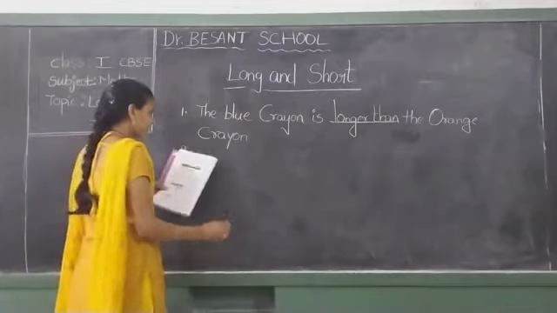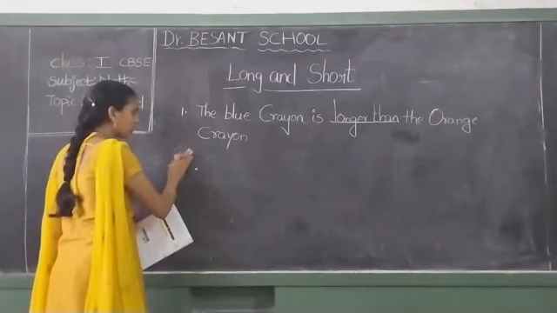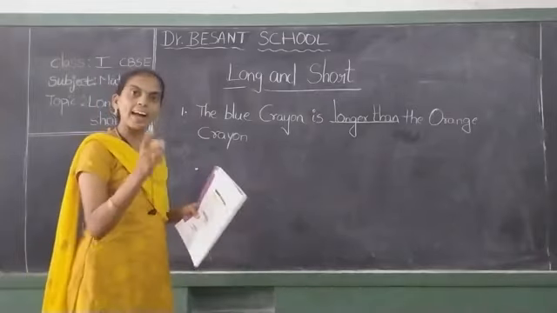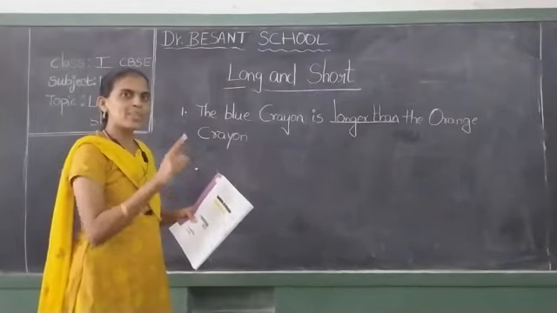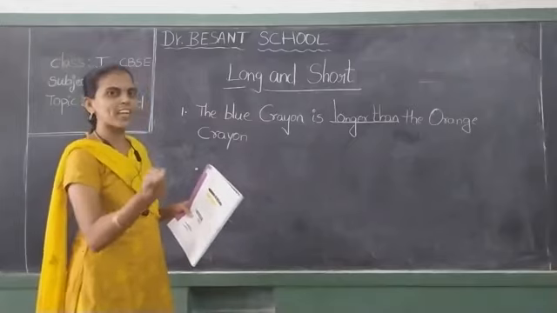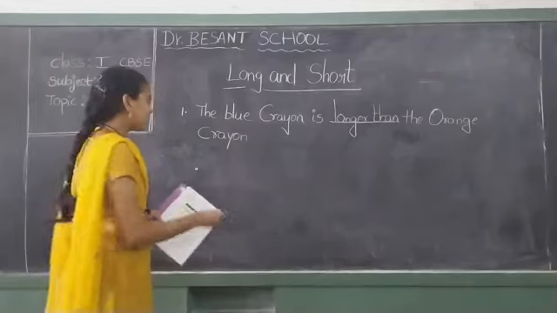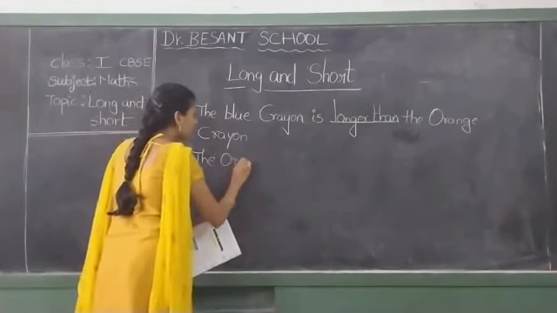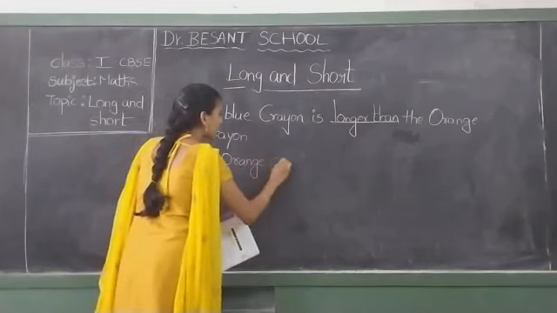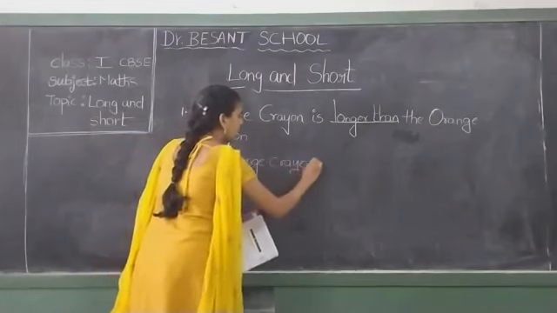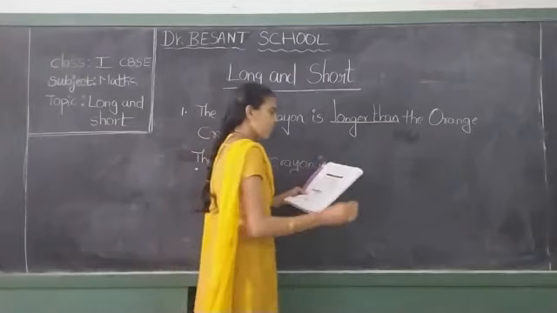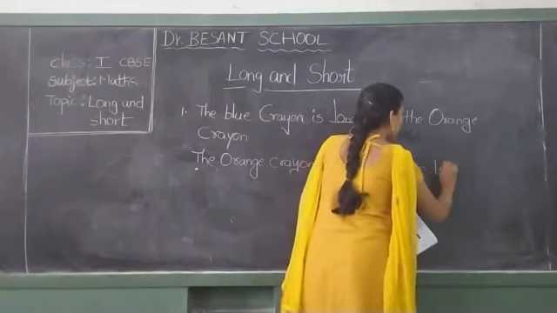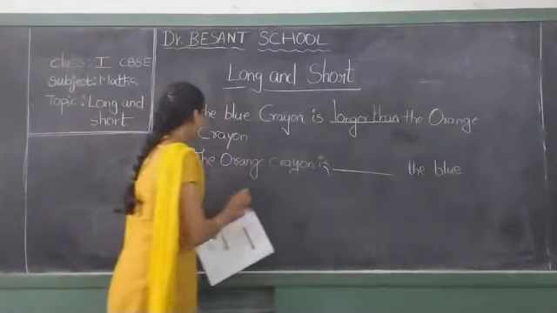Okay, second one. In that, another question is also there. We can also express the same in another way, as I already told you. If one is longer than the other, ultimately the other is shorter than the first one. Like that. So they have given a question. The orange crayon is dash the blue crayon.